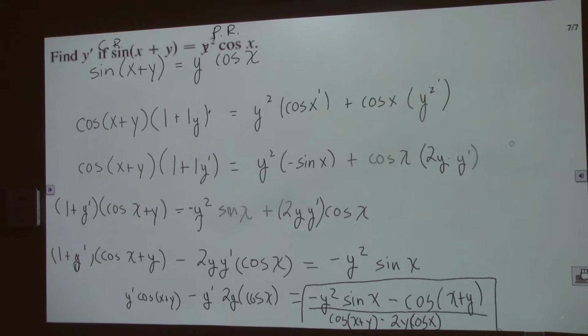That should be y prime. Somebody look in the book, because I think this is an example. I'm trying to think of anything else you could do to it. But I think that's pretty much it. See what they got. Is that what they got? Okay.